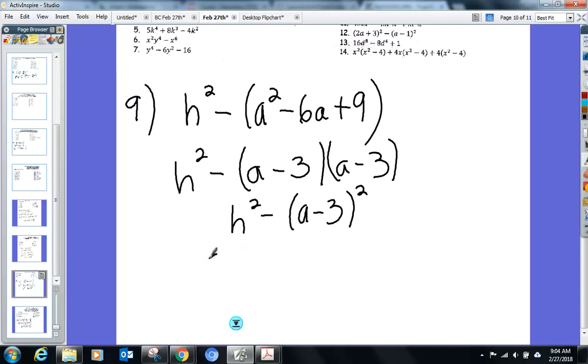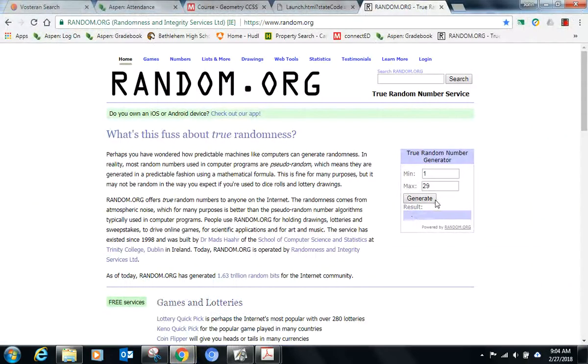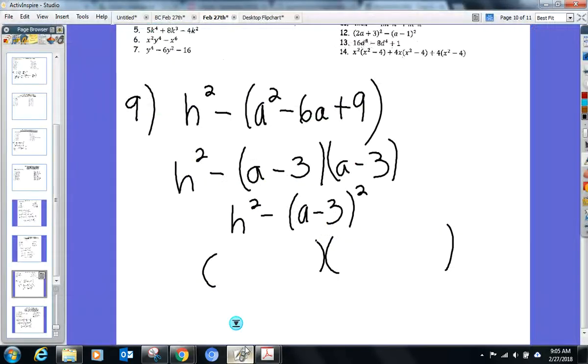All right, here we go. I'm going to take my time right now. Ask some questions. What do you know about the signs? I'm on difference of two perfect squares. Done.